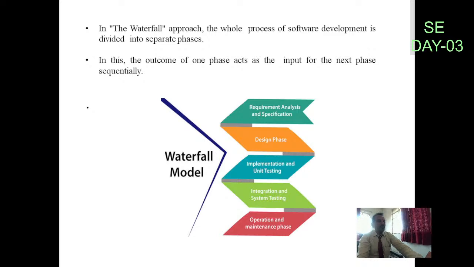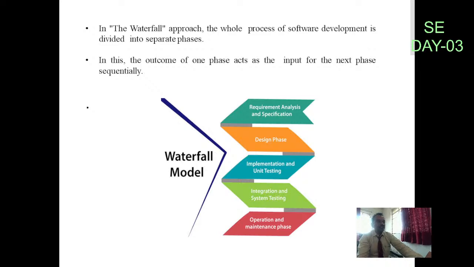Now, what are the important phases? In the entire waterfall model, there are five important phases, meaning framework activities. The first phase is requirement analysis and specification. The second phase is the design phase. After design, we move to implementation and unit testing.